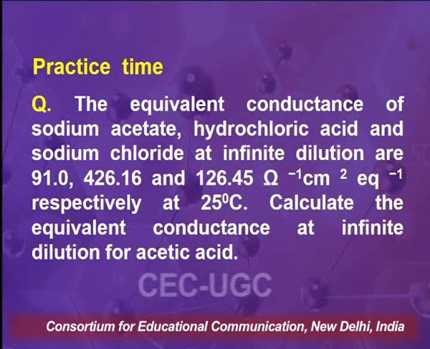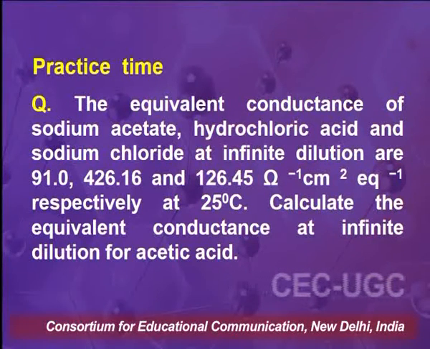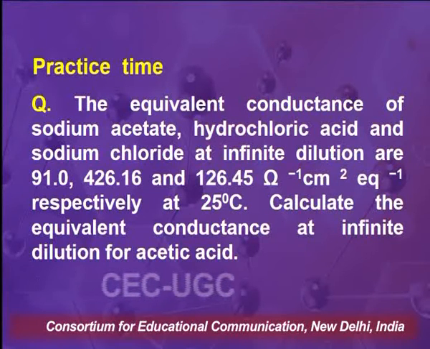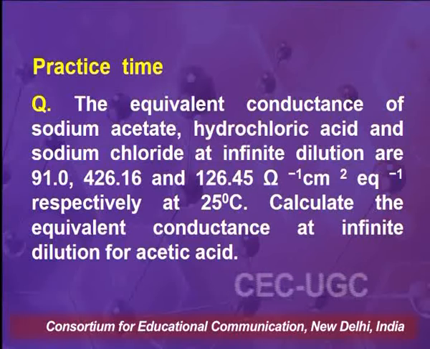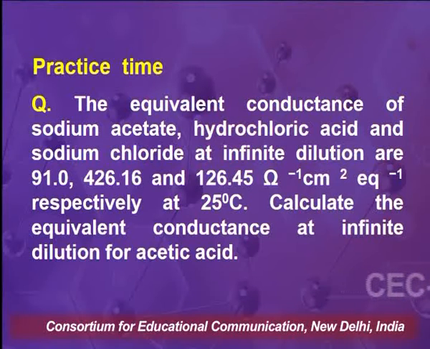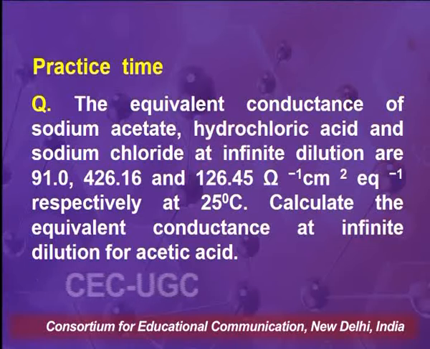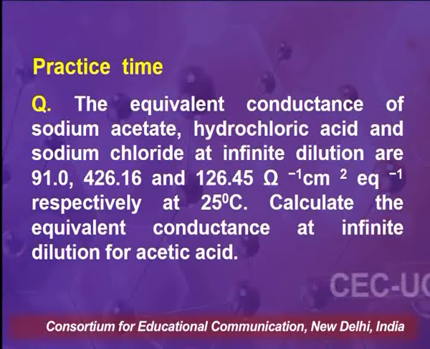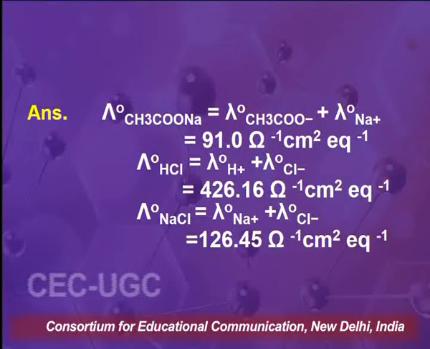It can be seen in the practice time numerical that we can substitute the values as given in this numerical. The equivalent conductance of sodium acetate, hydrochloric acid and sodium chloride at infinite dilutions are 91, 426.16 and 126.45 at 25 degrees centigrade, and it is required to calculate the equivalent conductance at infinite dilution for acetic acid.